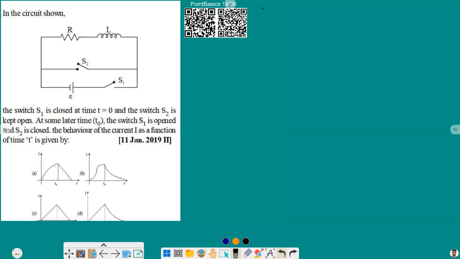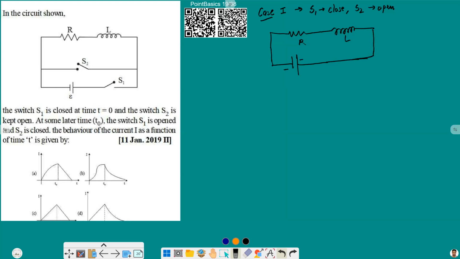The behavior of the current as a function of time we have to find out here. So we will solve it in two cases. Case 1, when S1 is closed and S2 is open. In that scenario, our circuit will reduce to a resistance and an inductor with a battery, and S2 is open so it is not a part of the circuit.